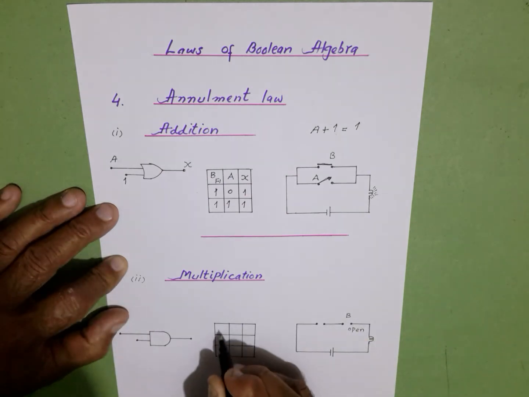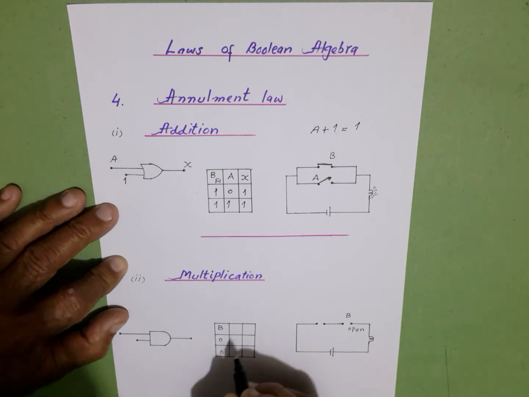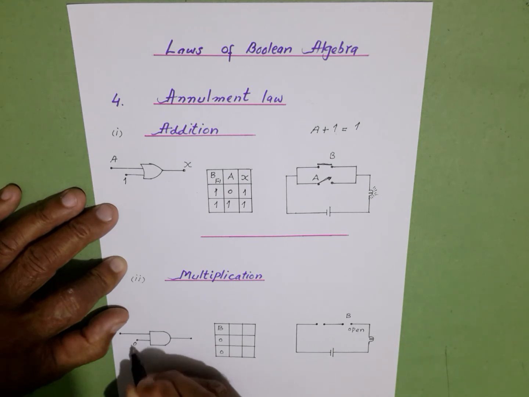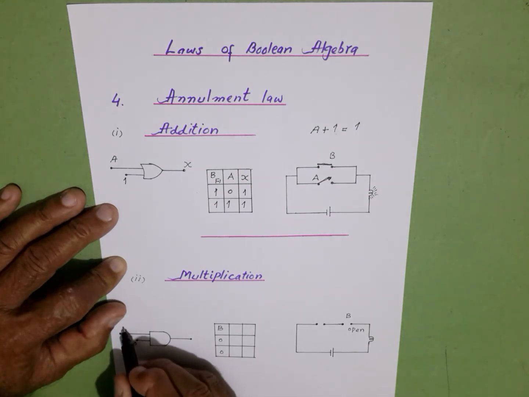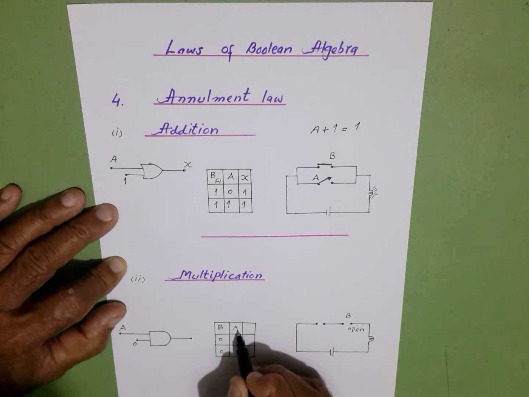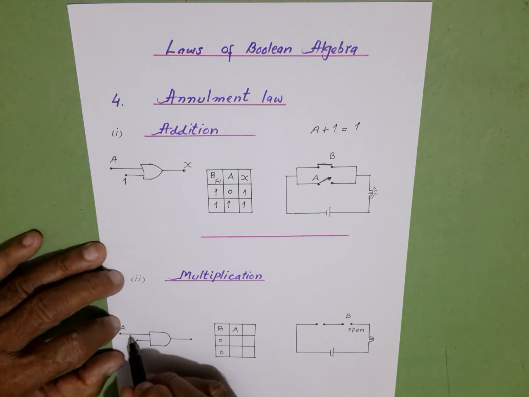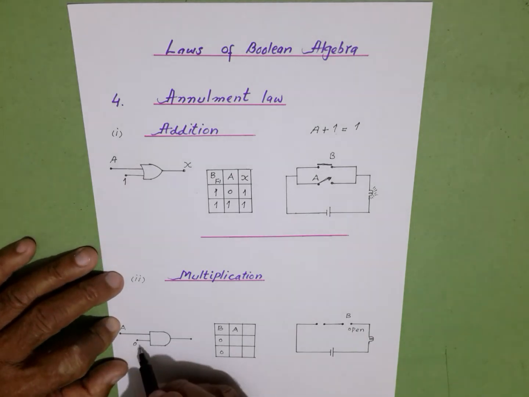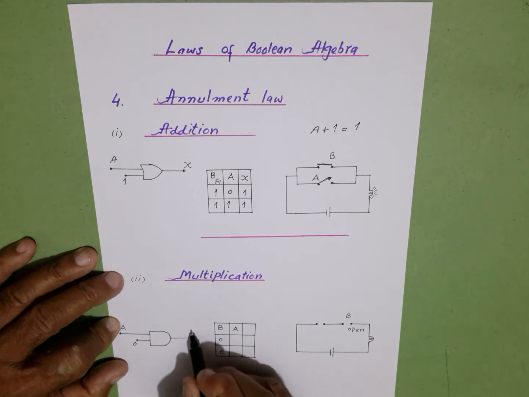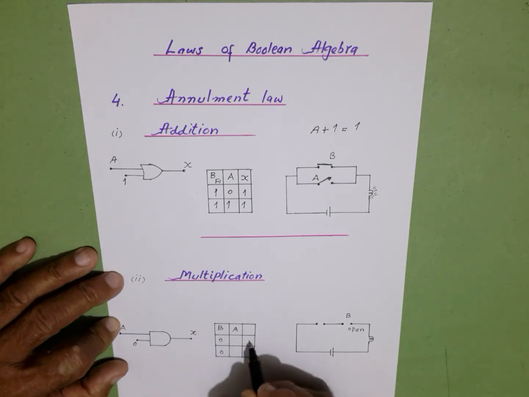Open switch represents 0, this is 0, and this is A. Say for example, if we are applying a logic 0 voltage, that is a low logic voltage, 0 into 0, the output is 0.